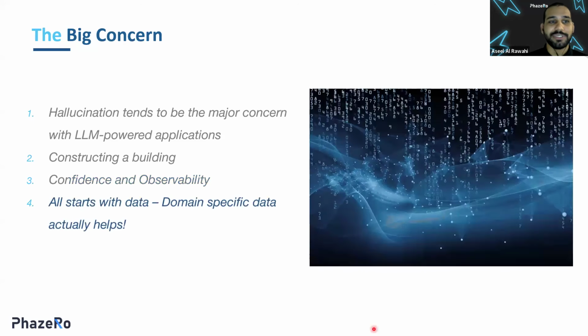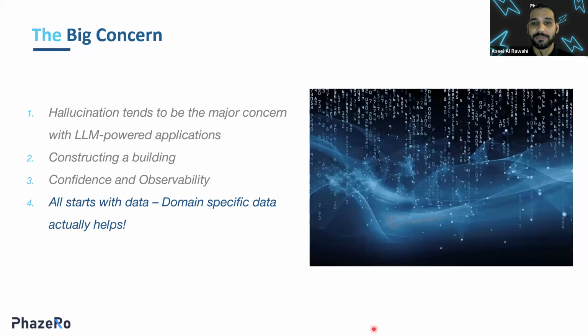And the last component here: when large language models were first introduced, there was huge attention on architecture. But the data is actually very, very important, and it's a crucial step in building LLM-powered applications. The reason is that if your data is not good, your LLM-powered application cannot be anywhere near your expectations.